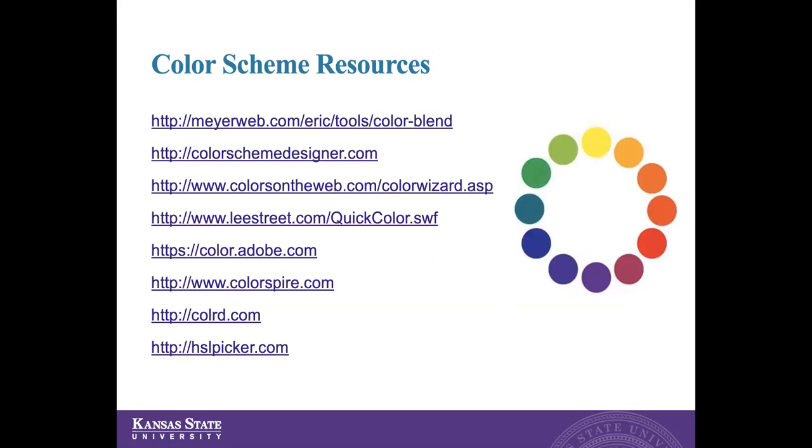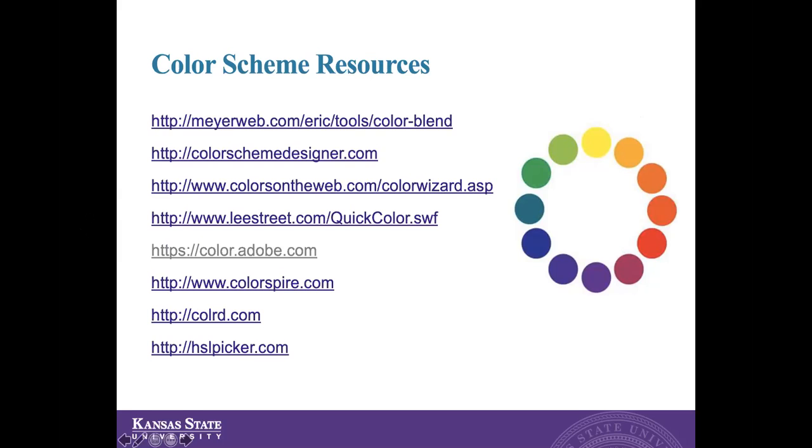Same here, we've got some color scheme resources. All right, let me click on this one, show you guys. I use this one quite a bit. All right, so with the Adobe Color, over here you can choose what kind of scheme you want, right?